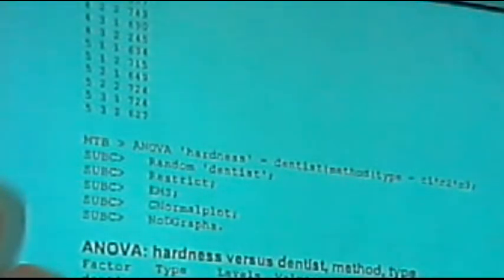What denominator do I want to use? Well, there's the mean square type in this column here. What denominator do I want to use? I want to use, I think, dentist by type. Yep. Okay. So take the ratio of those two, and it looks like I'll get something about 0.48.